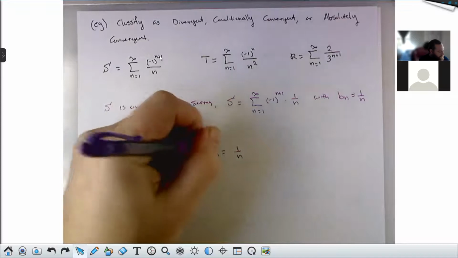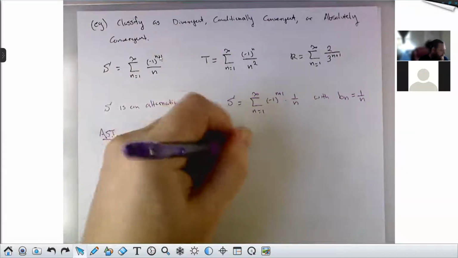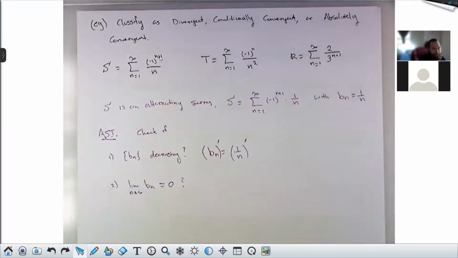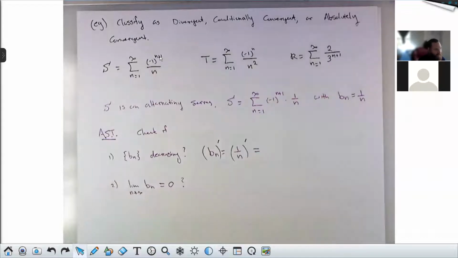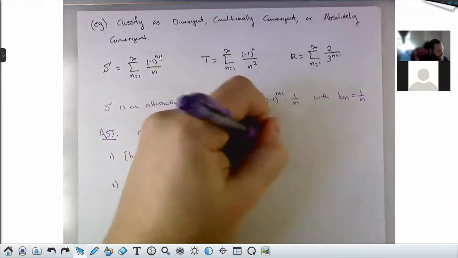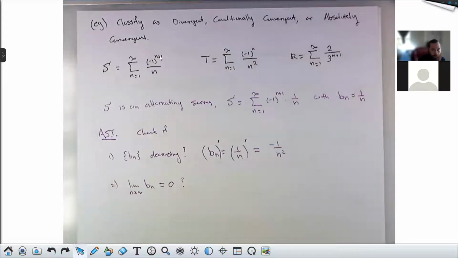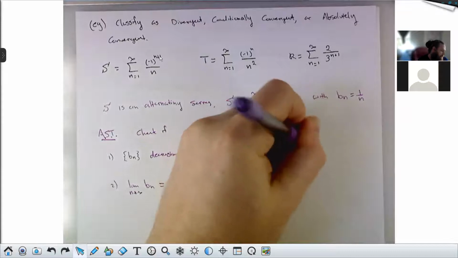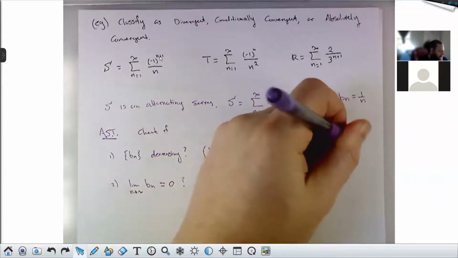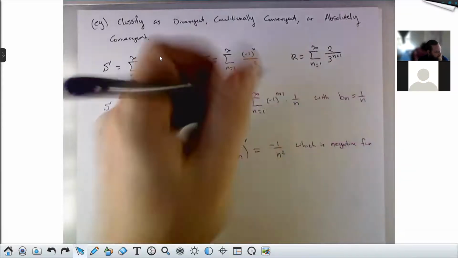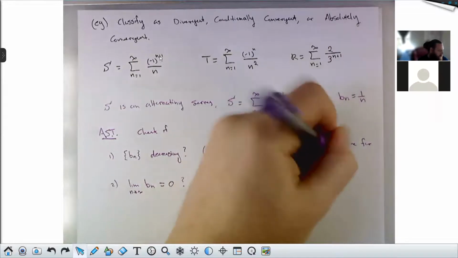So the derivative of the Bn's, Bn prime, would be the derivative of 1 over n. If you take the derivative of n to the -1, you get -1 over n squared, which is indeed negative for all n greater than or equal to 1.